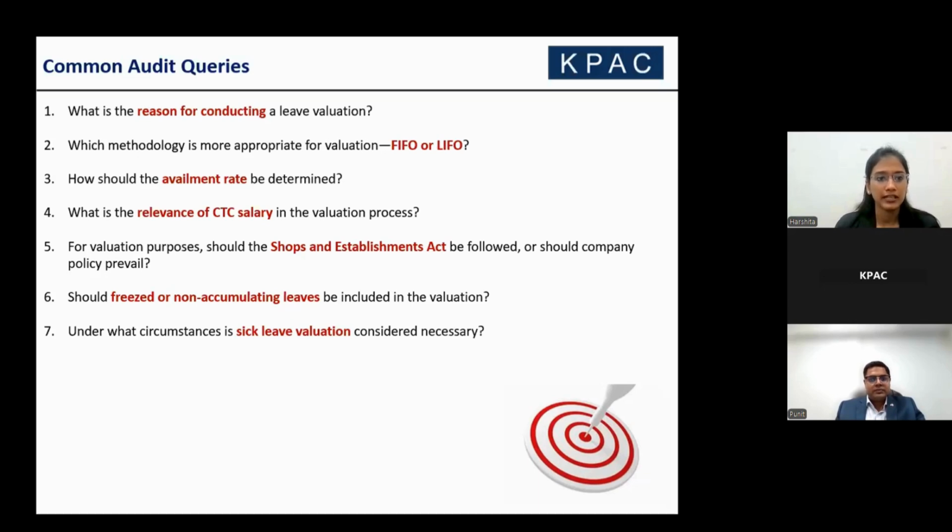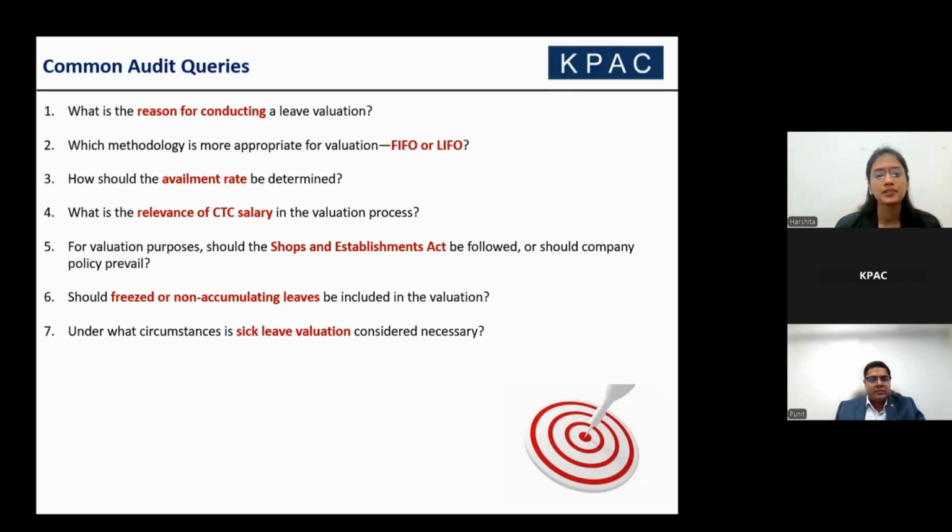Okay, moving on to the next question. Should frozen or non-accumulating leaves be included in the valuation? Frozen leaves, yes, if they represent a future liability, typically they should be included. But non-accumulating leaves like casual leave that lapses are generally not included, as Punit explained earlier, as they don't create a long-term obligation.